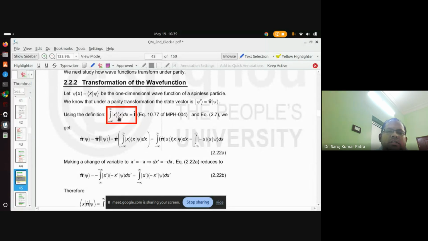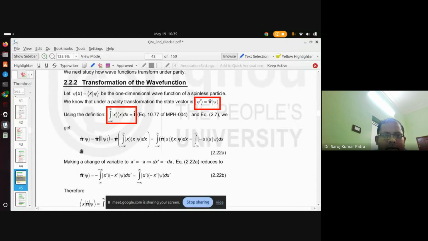The integral from minus infinity to infinity of |x⟩⟨x| dx is equal to the identity, right? And what we are using here is ψ' = Πψ. The wave vector changed to ψ' when we operate Π on ψ.